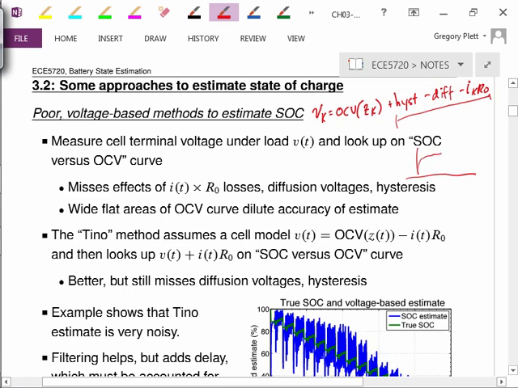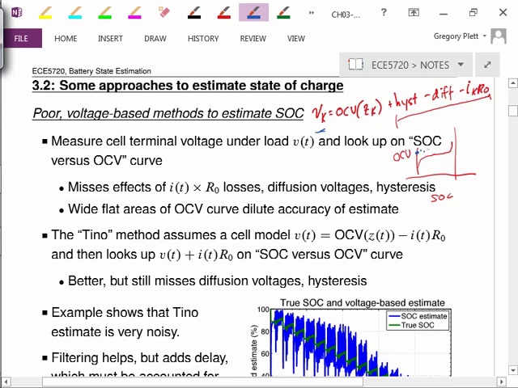And for some cell, the open circuit voltage relationship might look like this. This is the state of charge axis. This is the open circuit voltage axis. So the approach is very simple. The approach says I measure a voltage. Now I can't measure open circuit voltage in an application, but I measure the terminal voltage, and I assume that it's about the same as open circuit voltage. So suppose I measure some voltage up here.